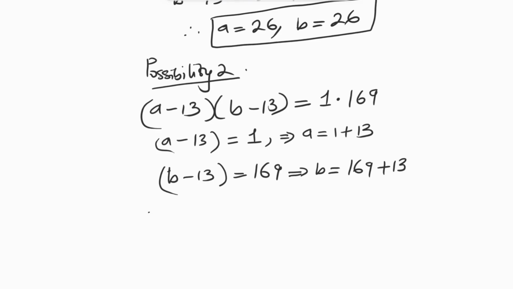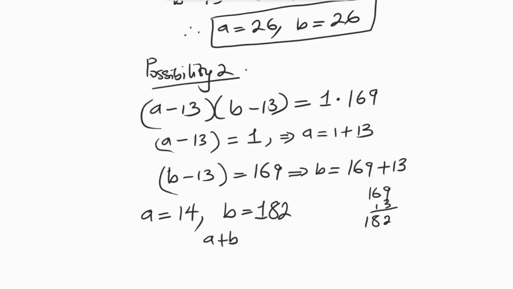So now let's add these values up so we can find the value of a. A is equal to 13 plus 1, which will give us 14. B is equal to 169 plus 13, which is 182. And a plus b, we're supposed to find the value of a plus b, is 182 plus 14, which will give us 196.